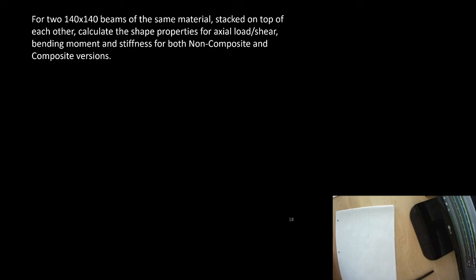So we have two 140 by 140 beams stacked on top of each other, and we want to calculate the shape properties for axial load and shear, which is area, bending moment, which is S, and stiffness, which is I, for both composite and non-composite versions. Let's take a look at what that means to us.